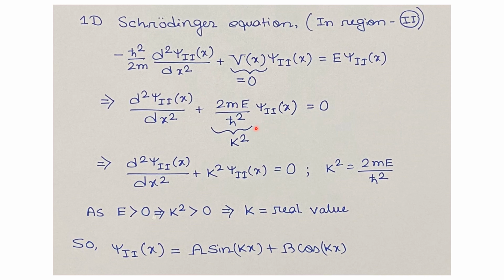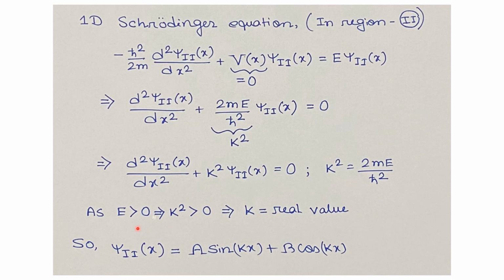Now we will write this quantity 2mE by h cut square as k square, where k is the wave vector for the particle wave function. So the equation can be written as d square psi 2 of x by dx square plus k square psi 2 of x equals 0, where k square equals 2mE by h cut square.